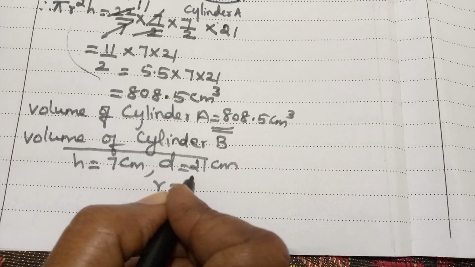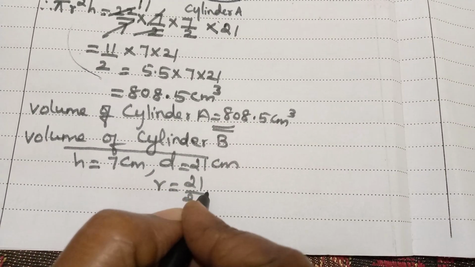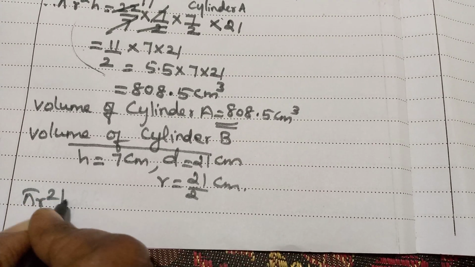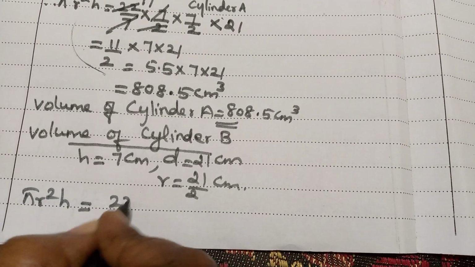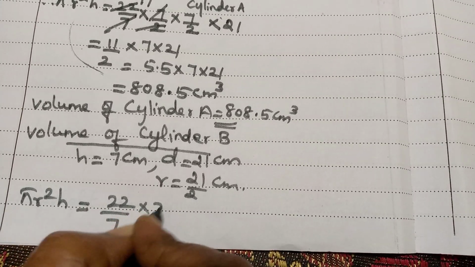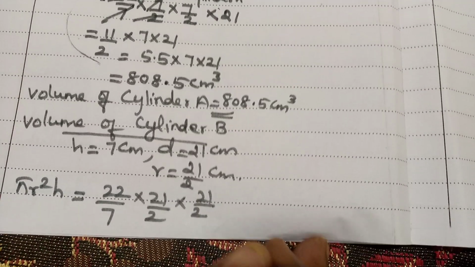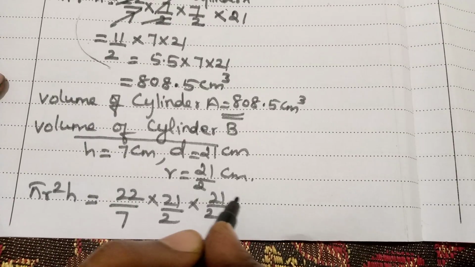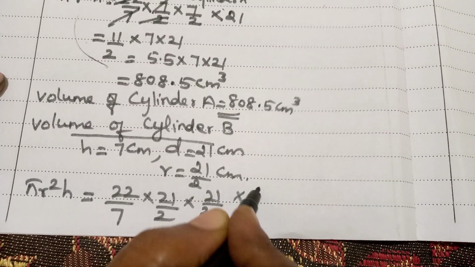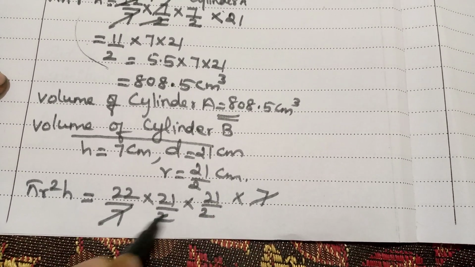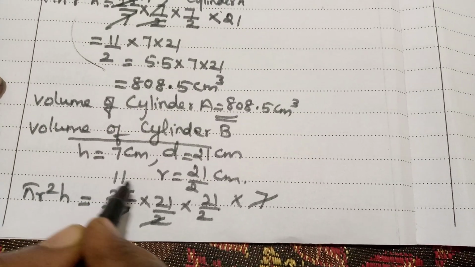Therefore R is equal to 21 by 2 centimeter. Pi r square h is equal to 22 by 7 into 21 by 2 into 21 by 2, r square is there, and h is equal to 7. Let us divide it. 7 can be cancelled, this 2 can be cancelled, 11.